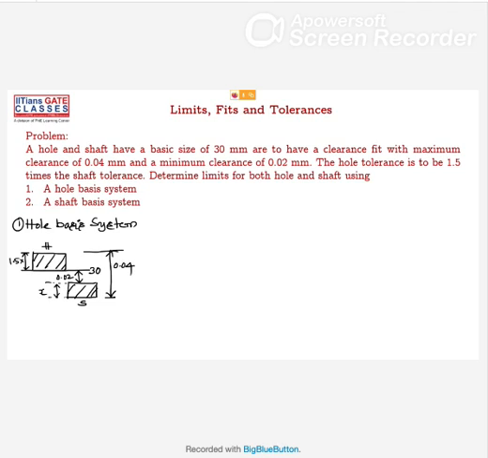I'll come from the bottom. X plus 0.02 plus 1.5X will give you 0.04. Then you can find out X. What is the value of X?